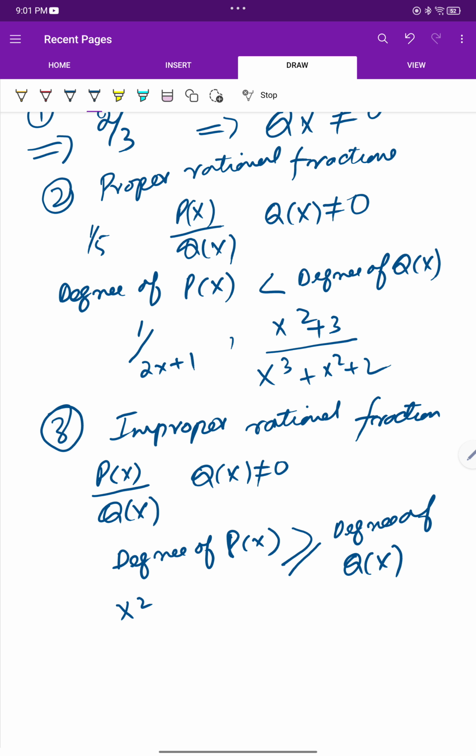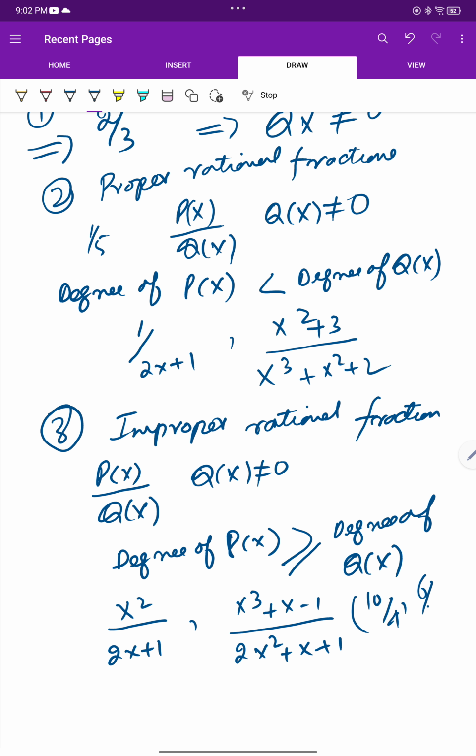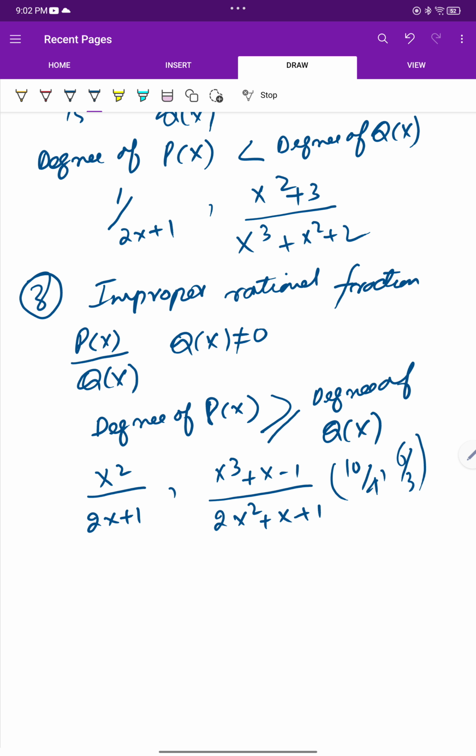Like x squared divided by 2x plus 1, or x cubed plus x minus 1 divided by 2x squared plus x plus 1. You can say 10 by 4 or 6 by 3 in arithmetic. Starting algebra and arithmetic.